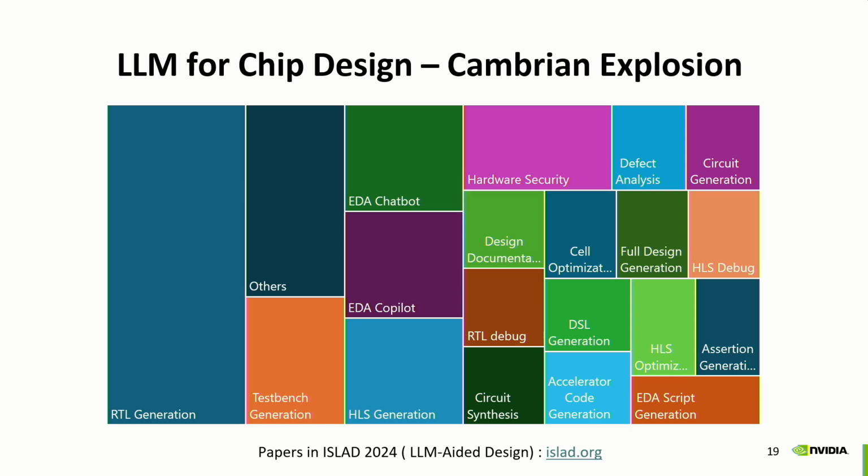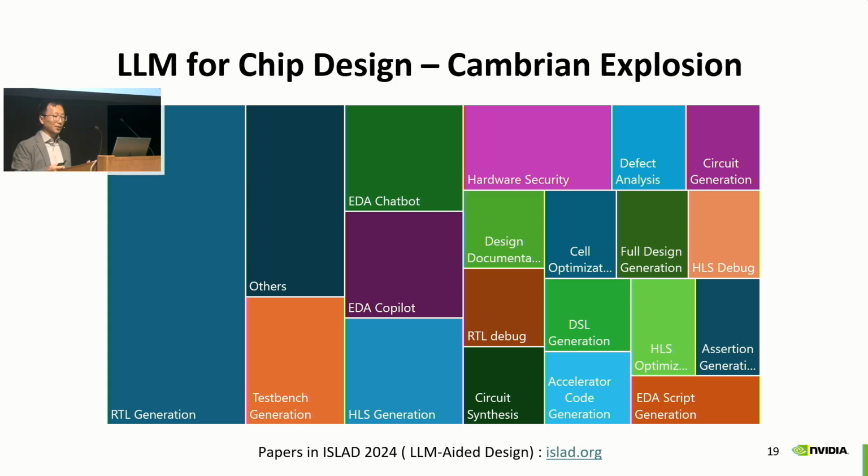Although RTL generation is the main use case, there are lots of other use cases such as test bench generation, EDA chatbot, copilot, documentation, HLS generation, HLS debug, assertion generation, defect analysis, hardware security. And this is just one conference, and every day many new LLM papers on the chip design domain are published on arXiv. So I think we are experiencing a Cambrian explosion of diverse LLM applications for chip design.